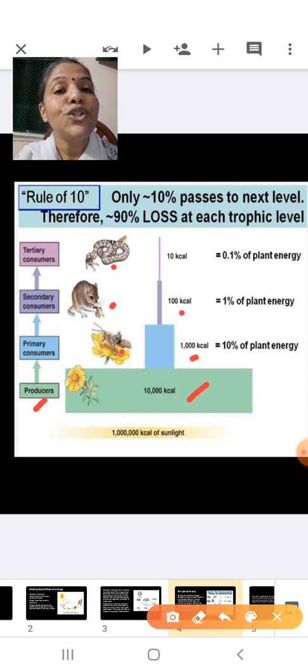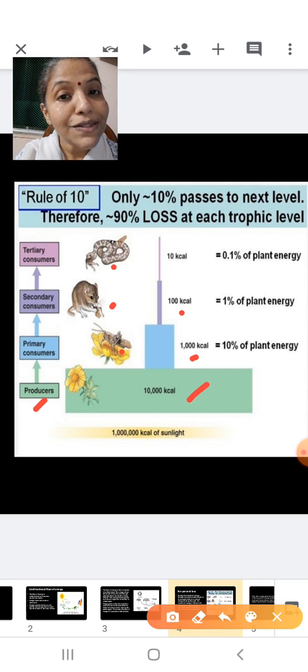And now you have understood why it is only 10% which is moving, because when an animal is having the energy from the food, that entire energy will not be passed on to the next trophic level, because it will be utilizing some part of it for its own growth and maintenance. And when converting it from one form to another form, definitely some amount of heat is lost. Okay, so rule of 10%, only 10% passes to the next level, therefore 90% loss at each trophic level.